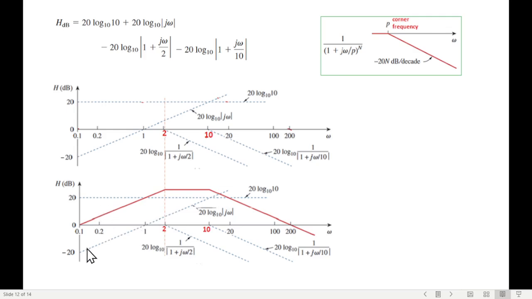So if we keep on adding, like here 20 minus 20, it will be 0, so it will start from here. And then as we move to this point, the value of this line is 0, and this is 20, so 20 plus 0, so our red line is at 20. And similarly it will continue up to this point, the same slope will continue.